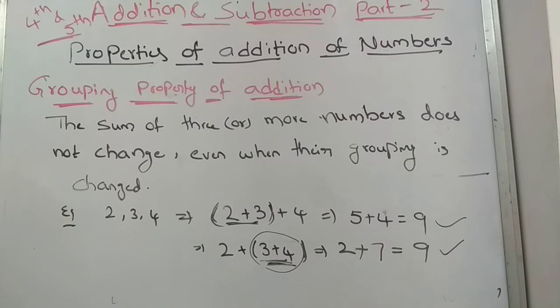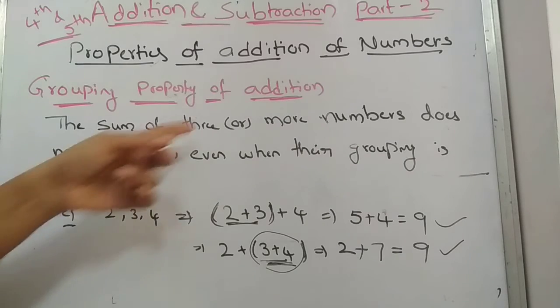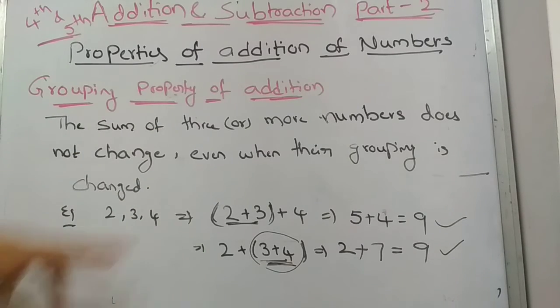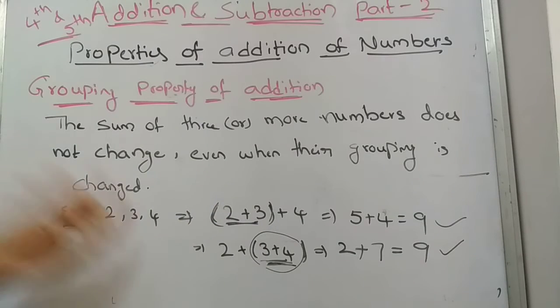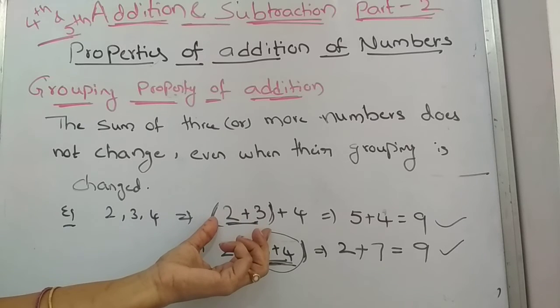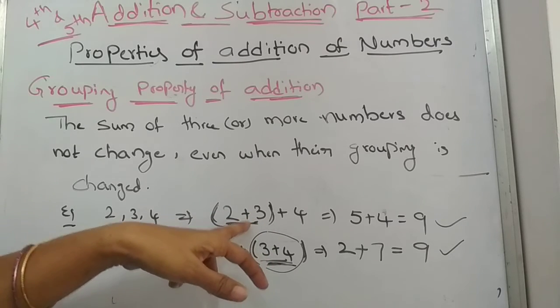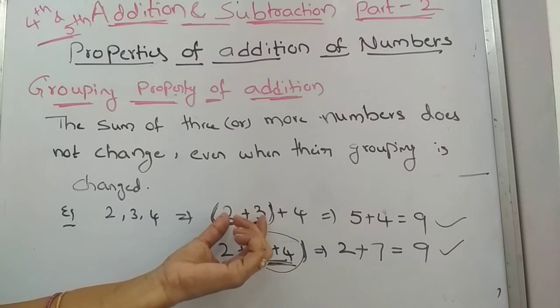Again I am taking one more example. What is the grouping property of addition? It means the sum of 3 or more numbers does not change even when their grouping is changed. So what will we do first? 2 and 3 I kept in brackets. The operation here is plus. I did this operation first.